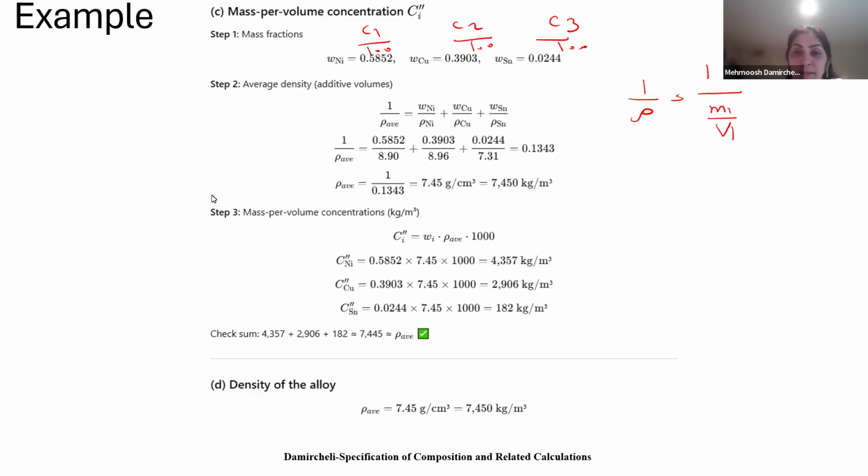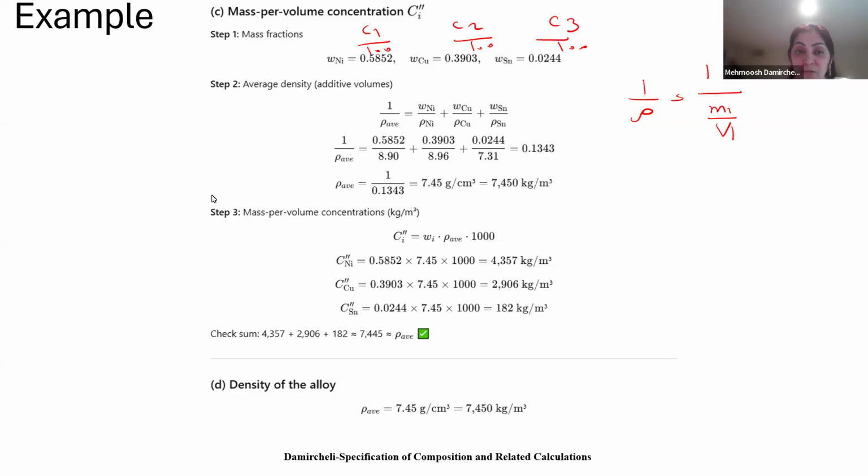We do this and find 1 per rho average as this. The reciprocal of that gives the rho average as kilogram per meter cube, or for example, gram per centimeter cube. For using that equation, C double prime, if you remember from the previous slide, was weight percent times rho average, weight percent of each of them, times 1,000, if you want it expressed as kilogram per meter cube.